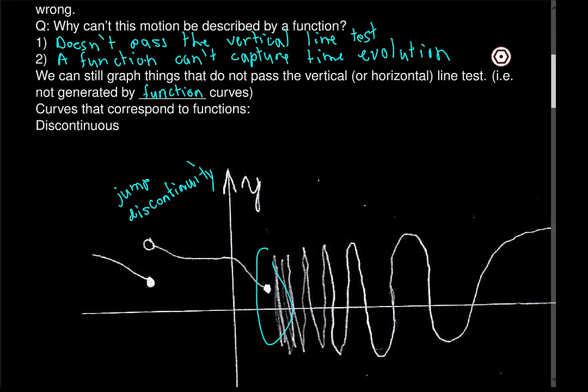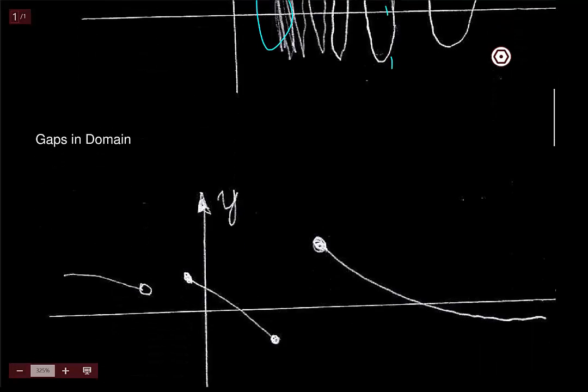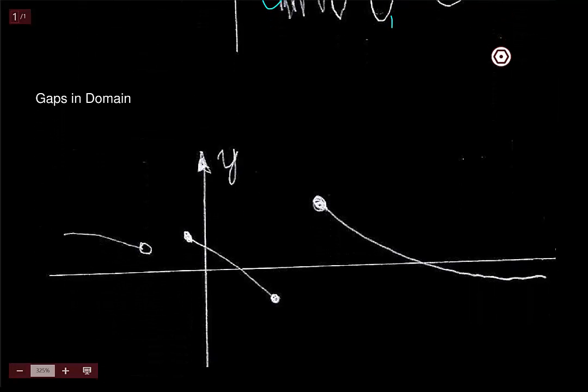So there are two discontinuities here, but it's still a function. If we draw a vertical line, the function only crosses it once, so it still is a function, just a discontinuous one.